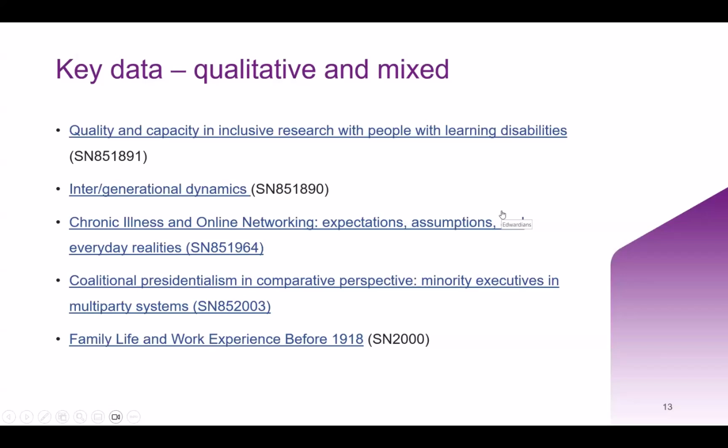The next one is Chronic Illness and Online Networking, Expectations, Assumptions, and Everyday Realities. This is research on diabetes and the use of Facebook. So just to point out here, with this particular one, we do have a kind of growing collection of data that at least once upon a time would have been considered new and novel forms of data like big data, social media data, those sorts of things.